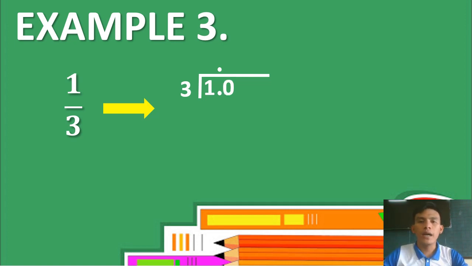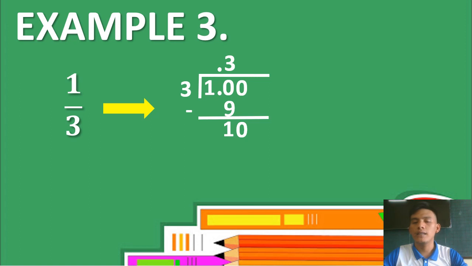10 divided by 3 is 3. 3 times 3 is 9. 10 minus 9 is 1. 1 is less than 3, so we put 0 beside the number. 10 divided by 3 is 3. 3 times 3 is 9. 10 minus 9 is 1.